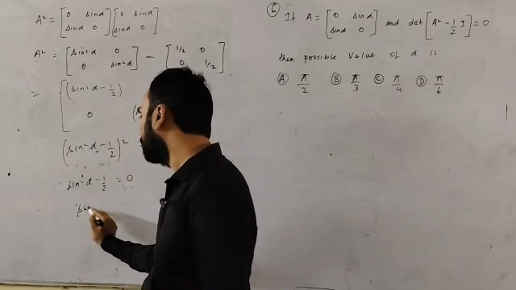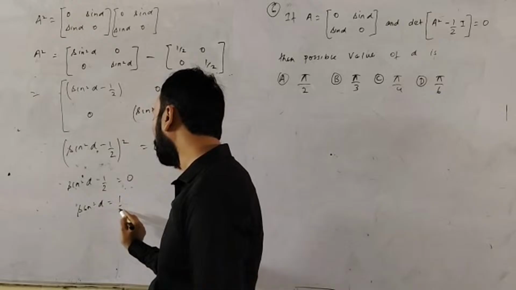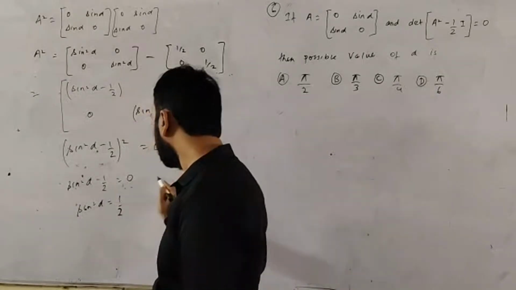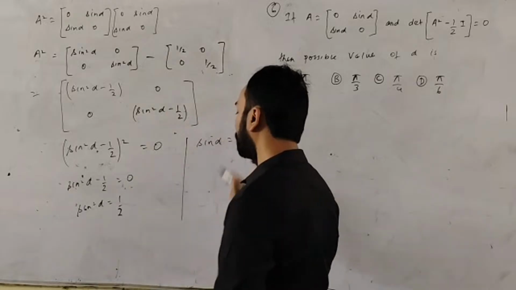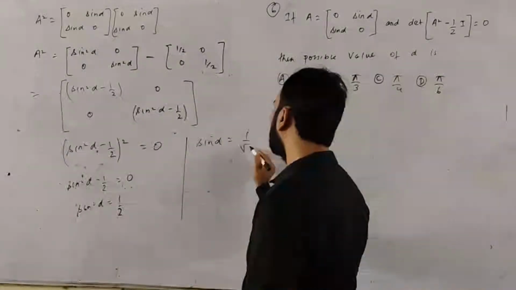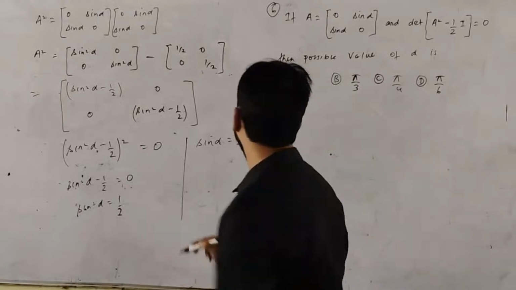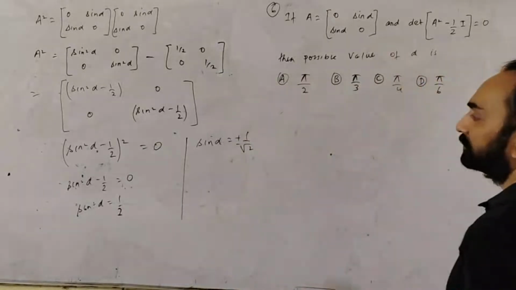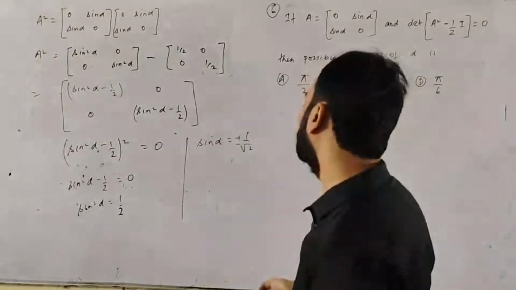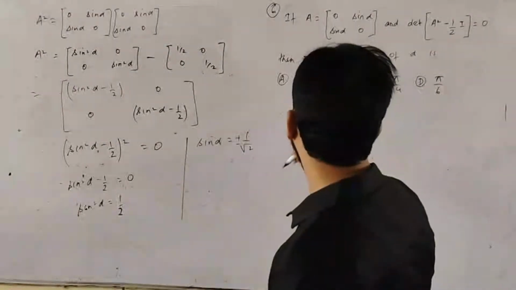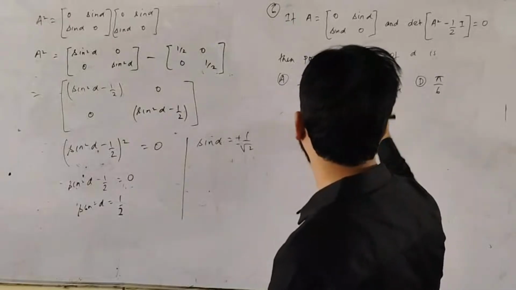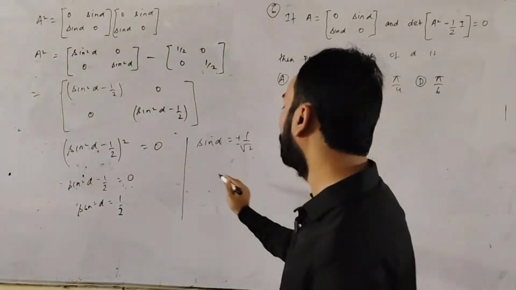Now sine square alpha is equal to half. So sine alpha is equal to plus or minus 1 by root 2. At which point do we have sine alpha equal to that?